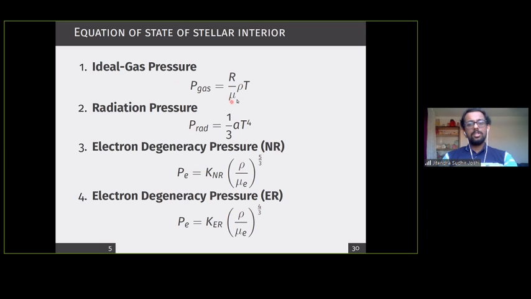By composition, if it's completely hydrogen, then mu would be 1.007. If it's completely helium, it will be 4 point something. But if it's a mixture of both, then we have to take into account some other equations, and we calculate mu in those cases. So this mu tells us the composition that is there inside the star.